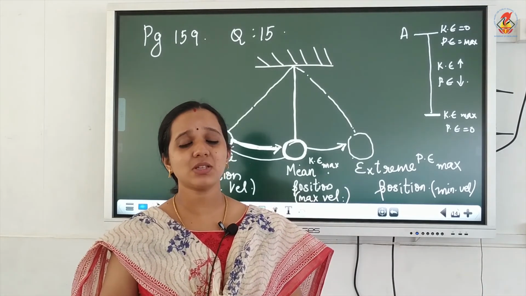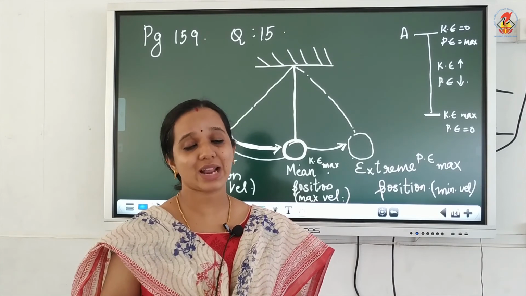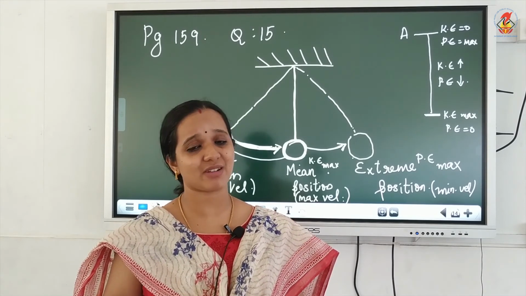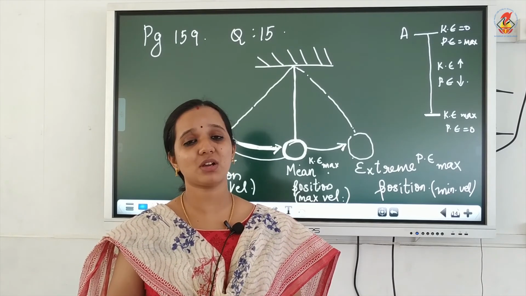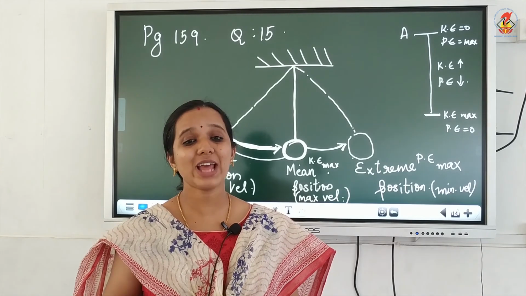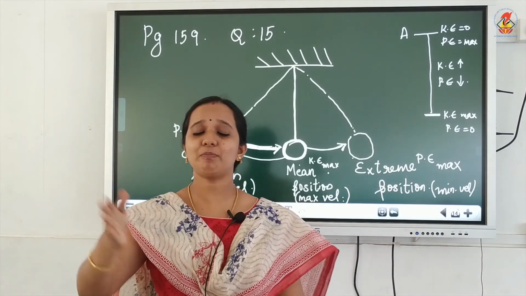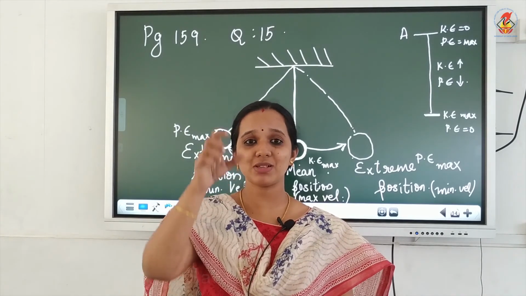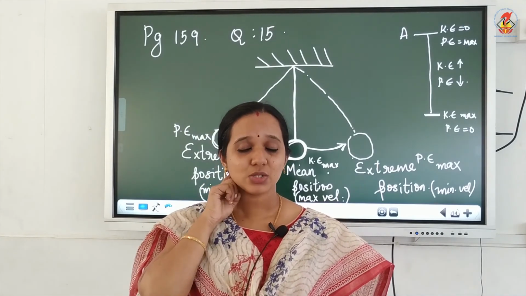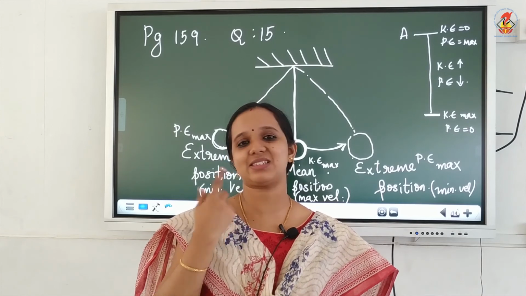After some time, the bob comes to rest due to the air resistance. The pendulum is in continuous motion and is suspended in air, so the air is continuously giving resistance.